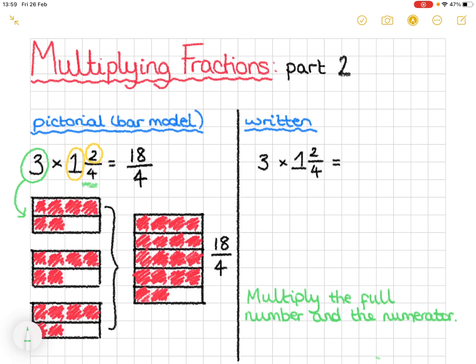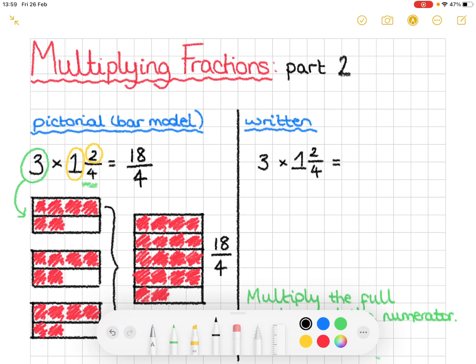So we'll multiply the full number and the numerator. So we'll go ahead, write it out larger, and I will show you. So we've got 3 times 1 and 2/4.